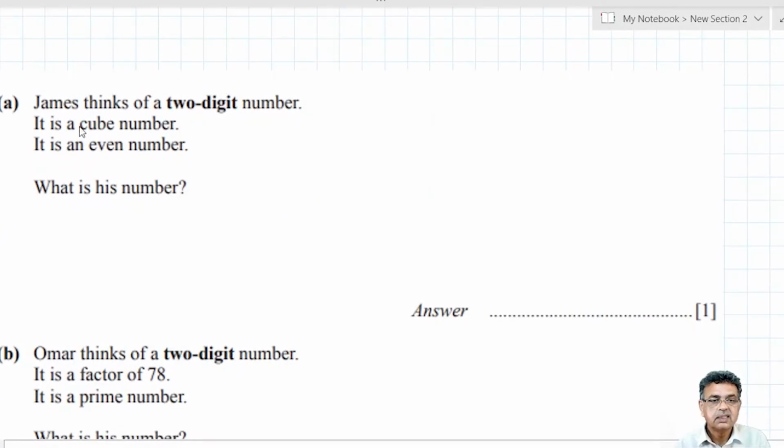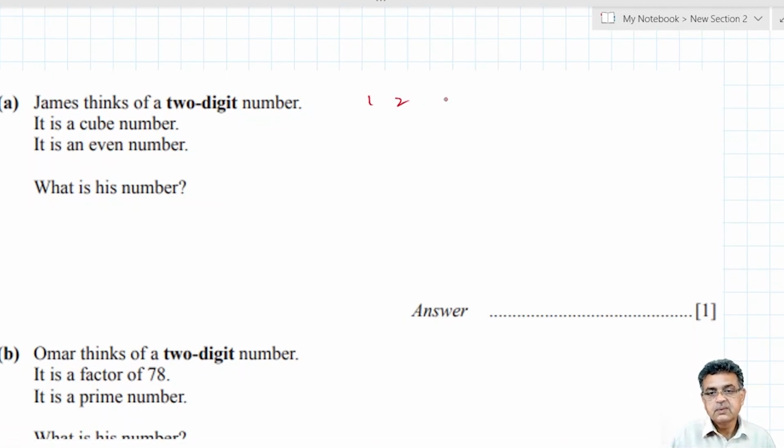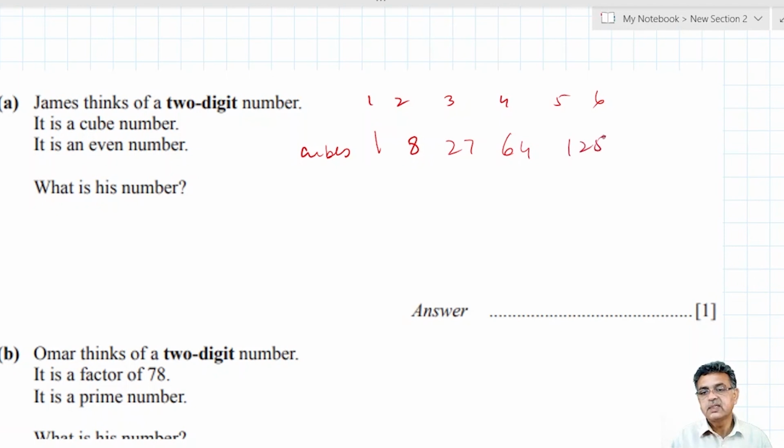Okay, now James thinks of a two-digit number. It is a cube number, a two-digit cube number. 1, 2, 3, 4, 5, 6. If we take their cubes, 1 cube is 1, 2 cube is 8, 3 cube is 27, 4 cube is 64, 5 cube is 125.